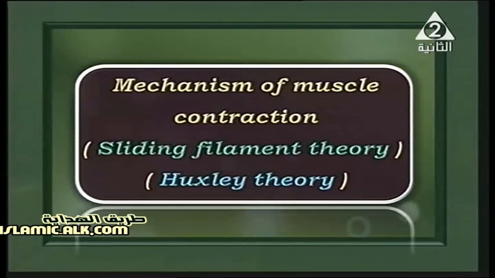The mechanism of muscle contraction is the sliding filament theory, or Huxley theory. Huxley is the name of the scientist. This sliding filament theory is very important, and we need to learn more about it. But let's close from it.